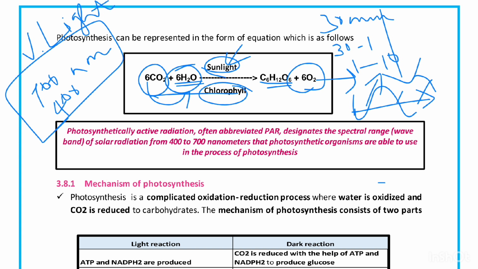This is the wavelength that is important for plants for photosynthesis, and that is why this visible part of sunlight is known as photosynthetically active radiation, that is PAR. As photosynthesis happens in this wavelength range, it is known as photosynthetically active radiation, PAR.